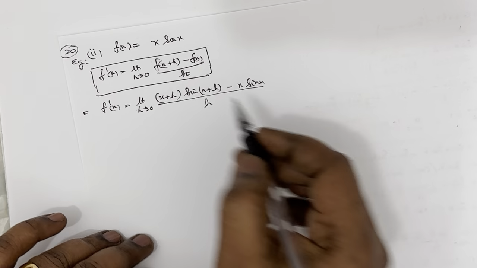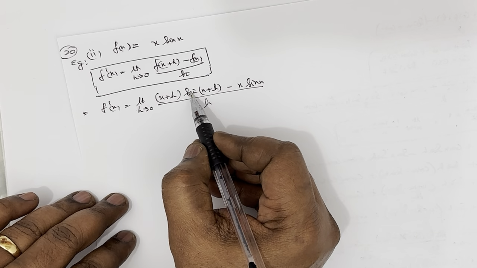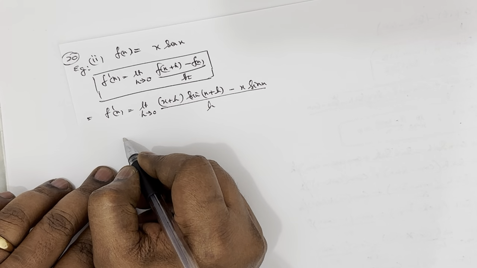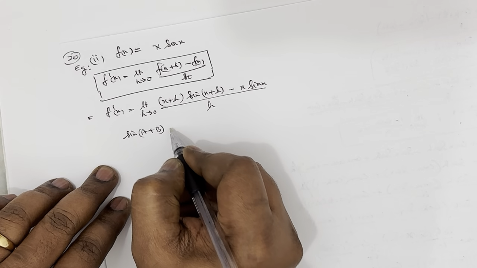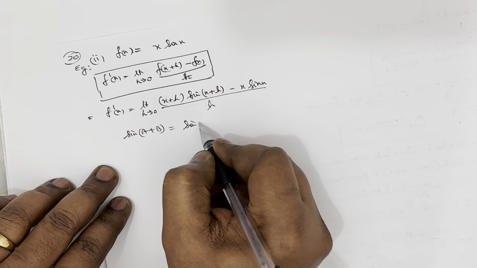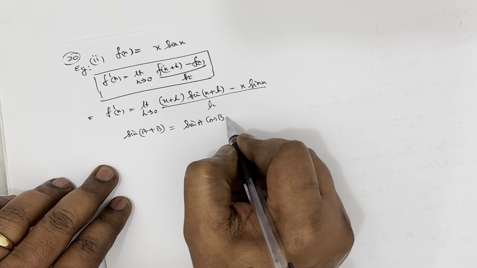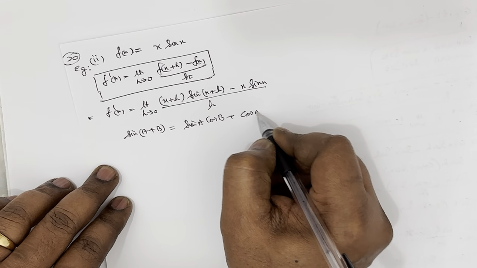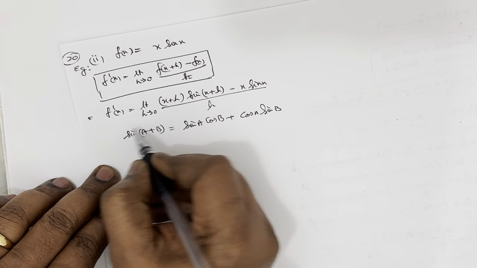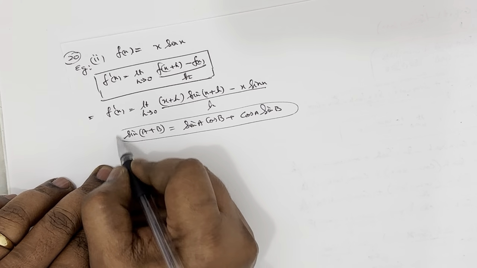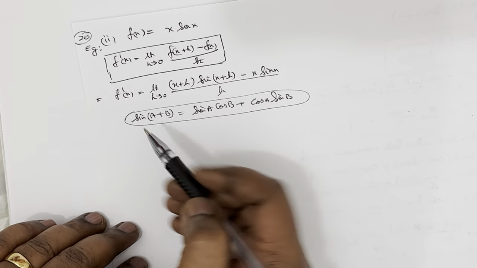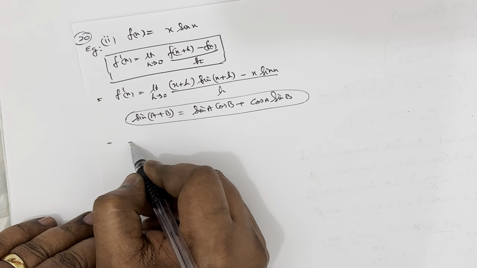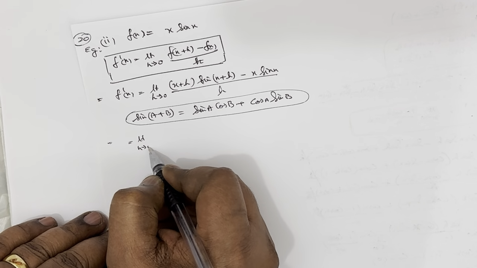Now you see this again resembles the trigonometric formula, that is sine a plus b equal to sine a cos b plus cos a sine b. So let's expand this. So it will be limit h tends to 0.